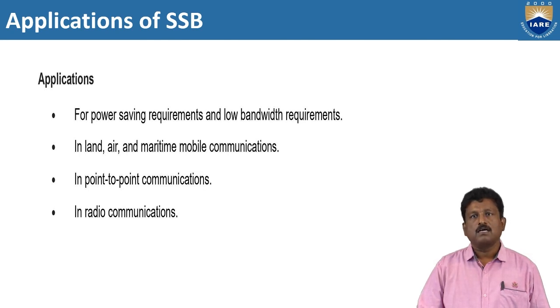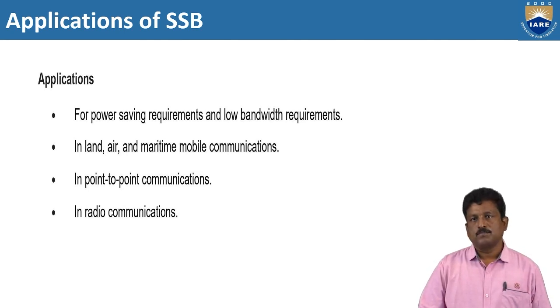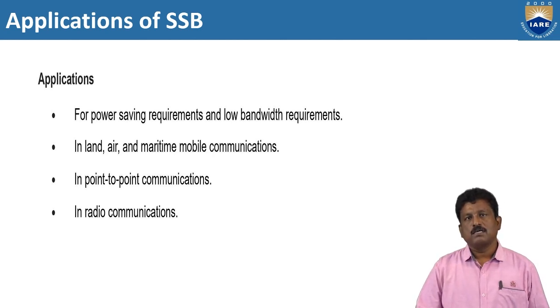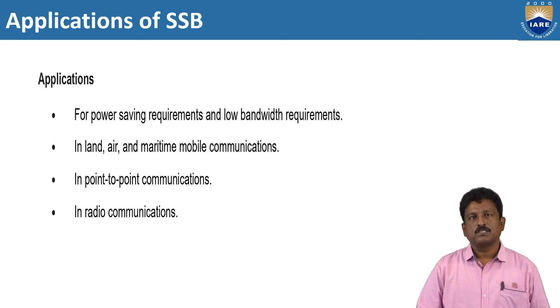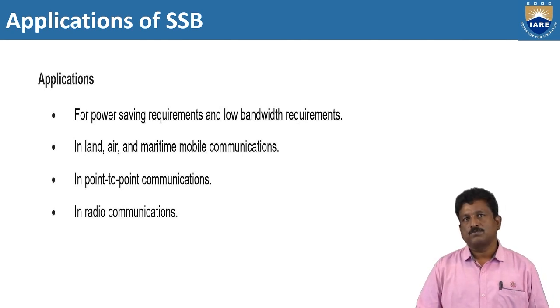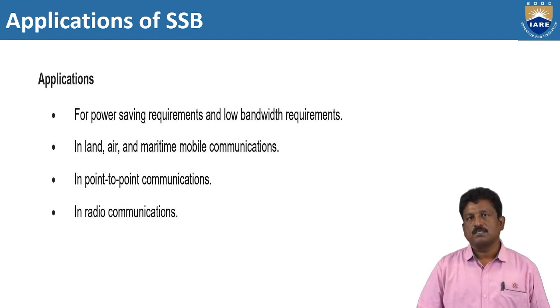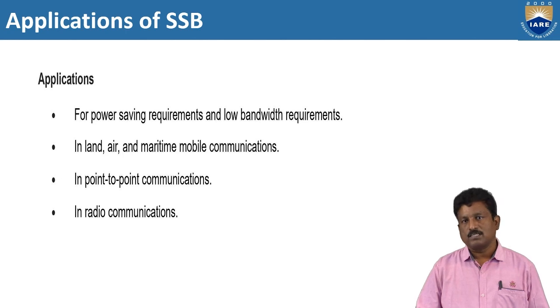In land, air and mobile communications, we are going to use this SSB modulation, especially in case of point-to-point communication. Point-to-point communication means we can provide more high-speed transmission. Suppose you take telephone point-to-point communication: there is a fixed line between one point and the other point, so that you can easily transmit the entire signal at high speed without any disturbance. That is the main advantage of point-to-point communication by the SSB modulation.